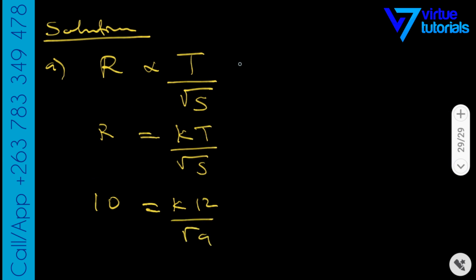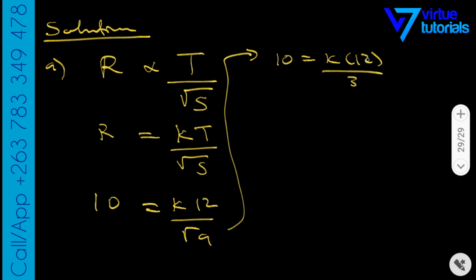Square root of 9 is 3, so if I bring it up here, 10 is equal to K times 12 over 3. 3 into 12, that's 4. So 10 is equal to K times 4, right? Divide both sides by 4. K is equal to 5 over 2.